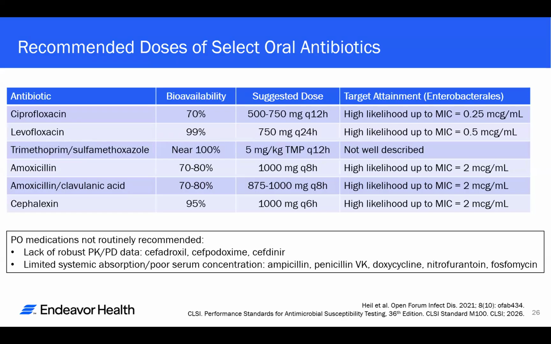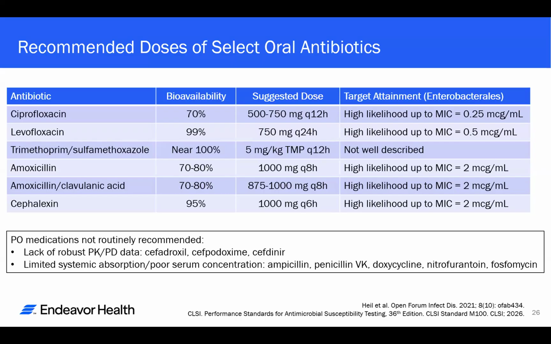So they actually put in here for Enterobacterales what target attainment we needed to achieve, and basically said that if we use these doses here, which are higher doses for the beta-lactams, that we could achieve that target attainment up to an MIC of 2 for each of those medications.